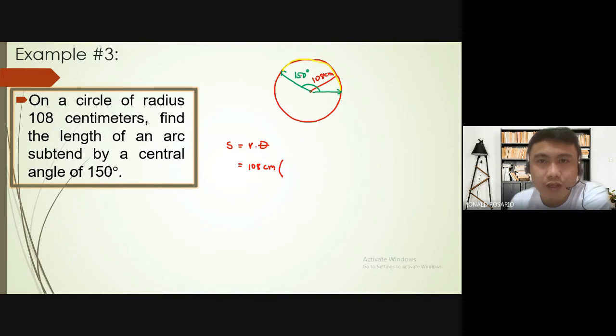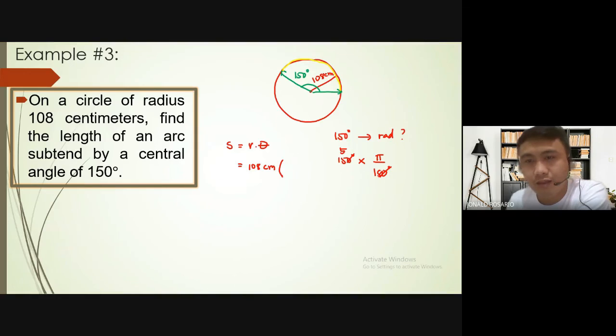And again, we're going to convert the 150 degrees to radians. 150 degrees, i-multiply natin yan sa pi over 180. Pwede natin silang i-divide sa 3. So, this is 5, and 18 divided by 3 is 6. So, you have 5 pi over 6.